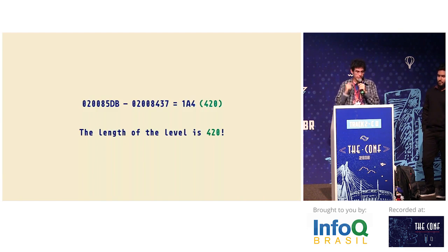Because we have the addresses of tile A and B, we can subtract to get the length of the level, which is 420, and divide it by the entire size of the buffer. We get the height of the level, and now we can plot it, right?